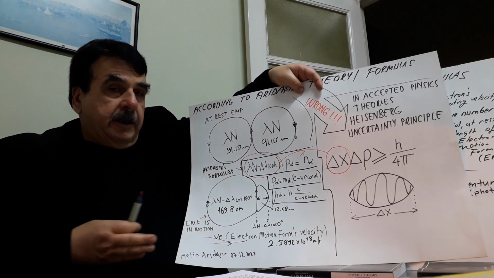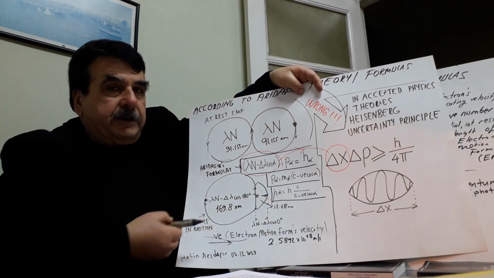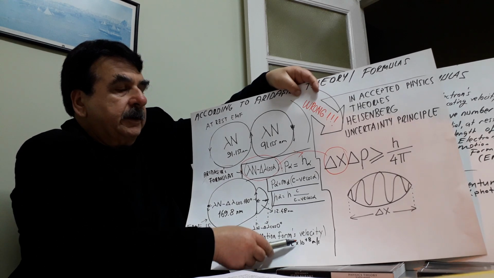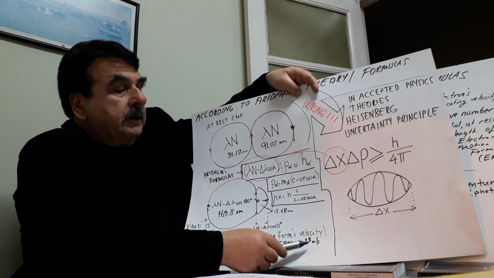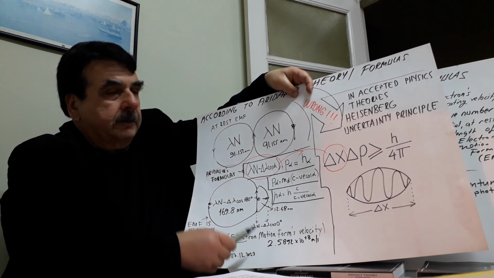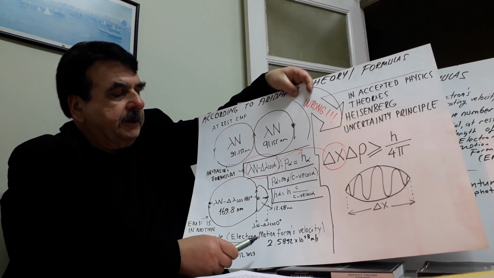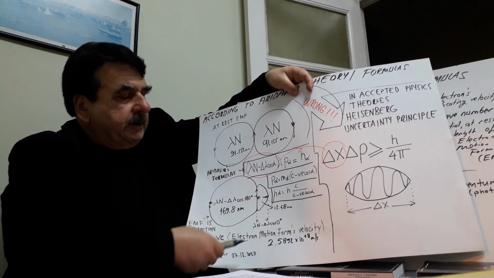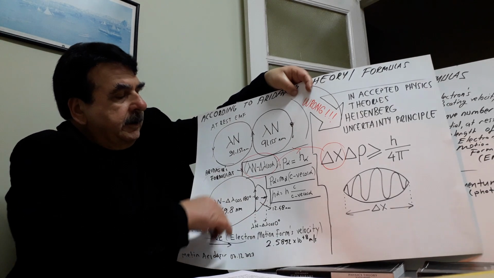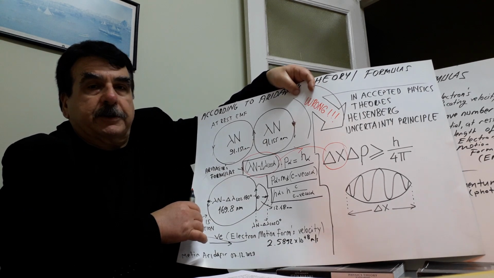Here, in this direction, say at 2.58 10 to the 8 meter per second, near the speed of light, approximately, not just, relocating velocity of the electron motion form, then it changes.